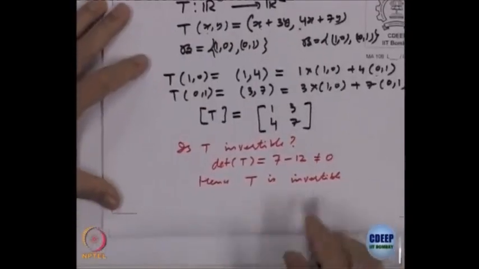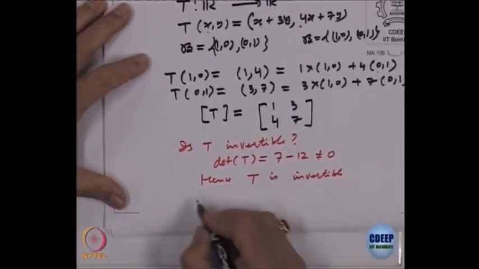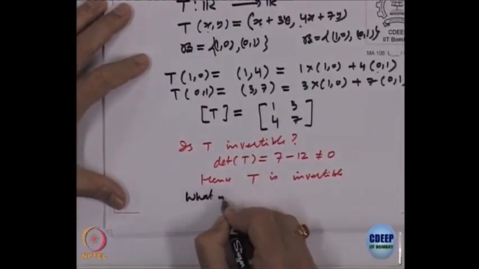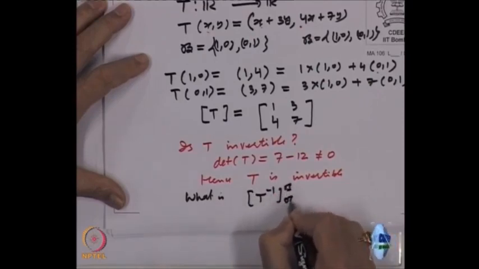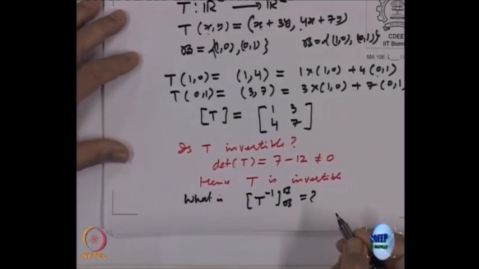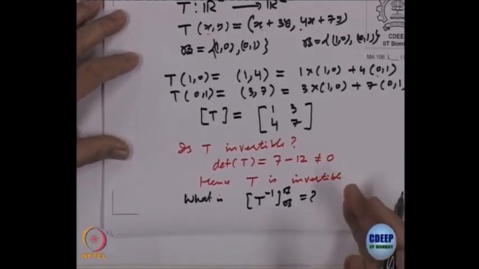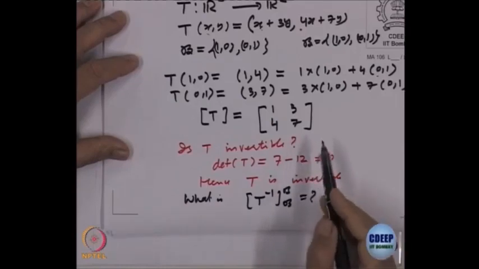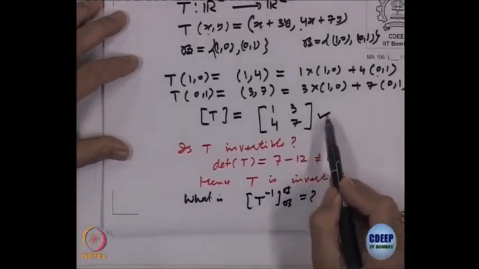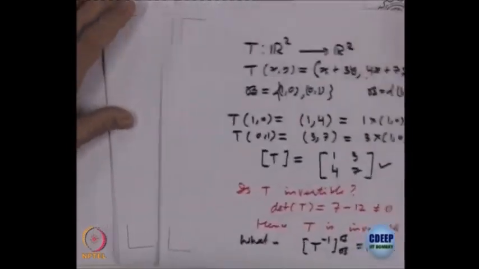If T is invertible, what is the matrix of T inverse? I want to find the matrix of the inverse linear transformation. So, what will that be? By the theorem, it is the inverse of this matrix. So, let us write that.